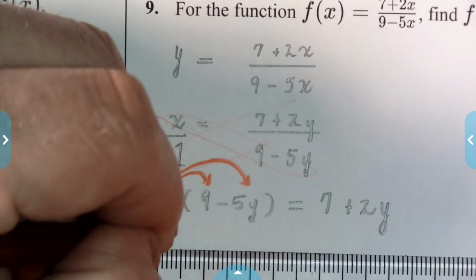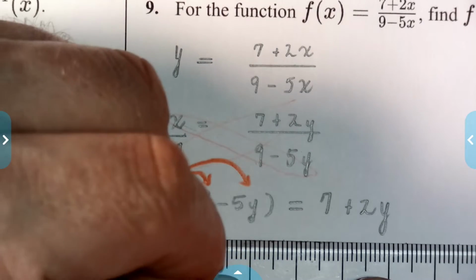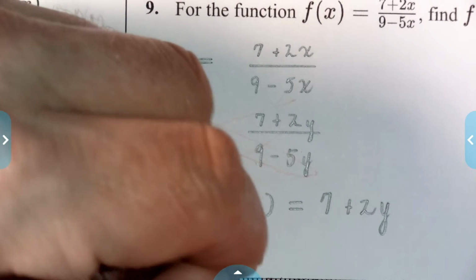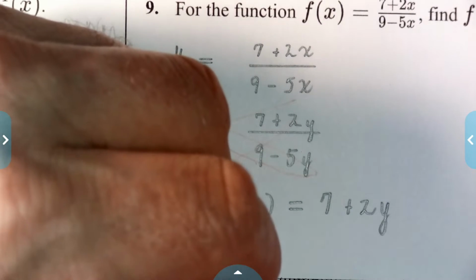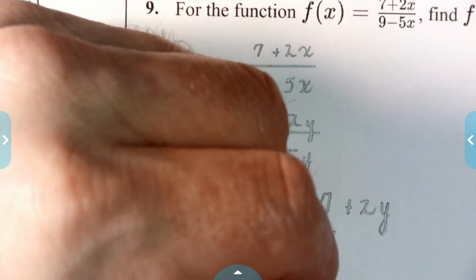And we get 9x minus 5yx, or remember, 5xy, equals 7 plus 2y.